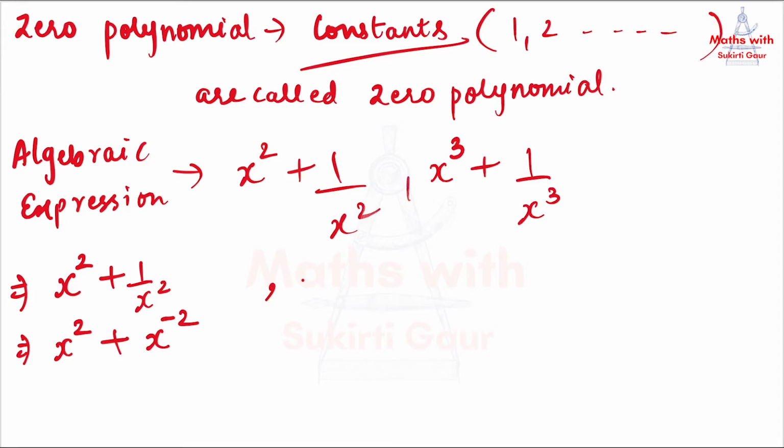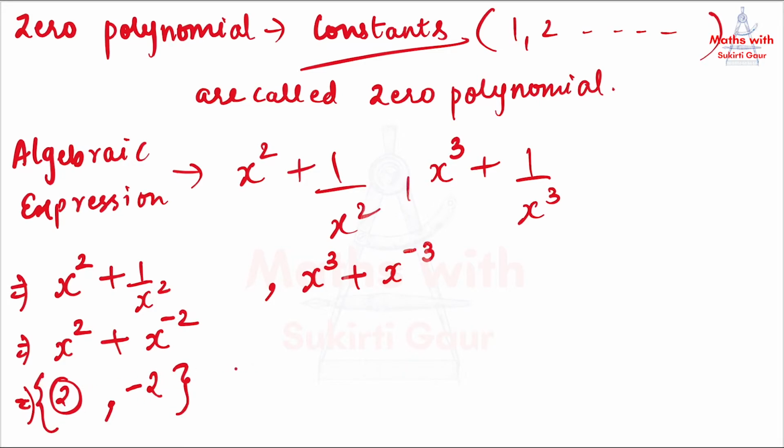And the second as x to the power 3 plus x to the power minus 3. Yes. What happened in these two algebraic expressions? I had the power of x as a whole number in the first term, but the second term has a power of minus 2, which is not a whole number but an integer.